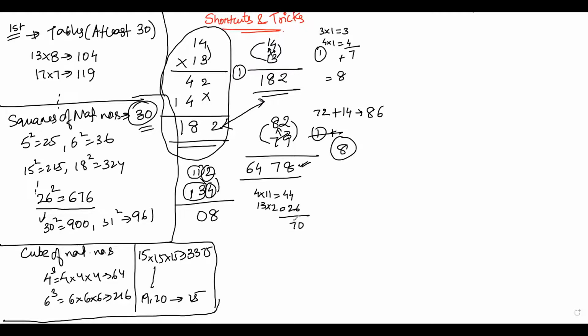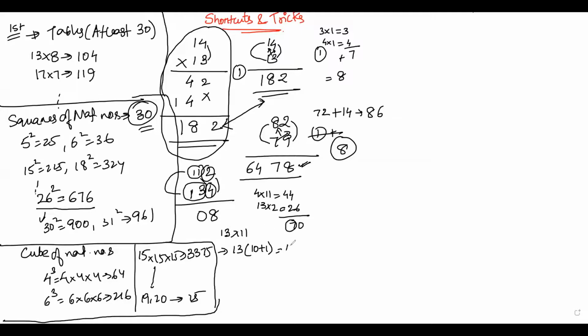And now we have the carry 7. Now again multiply 11 times 13. You can apply that shorter way of multiplying 11 times 13. But instead of that, what I would suggest is, since we need to multiply 13 times 11, it can be thought of as 13 times 10 plus 1, because multiplying any number with a multiple of 10, like 10, 100, 1000, becomes very easy. Why? Because we need to simply put a 0 in the end, right?